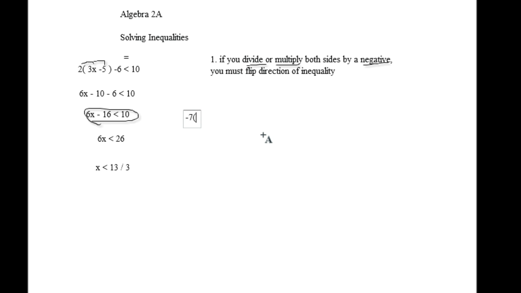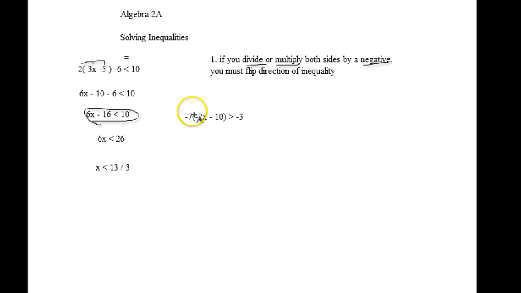Okay, so negative 7 times x, no, let's go to negative 2x minus, let's just put a bunch of negatives in here. Okay, so right here you can do one of two things.